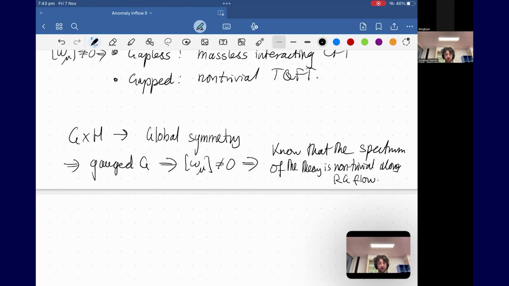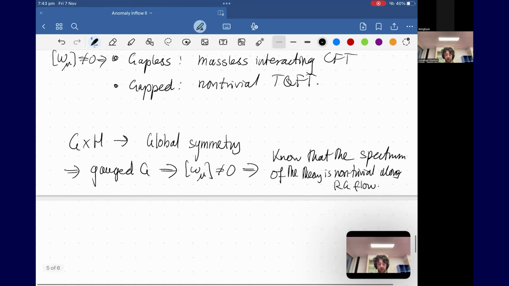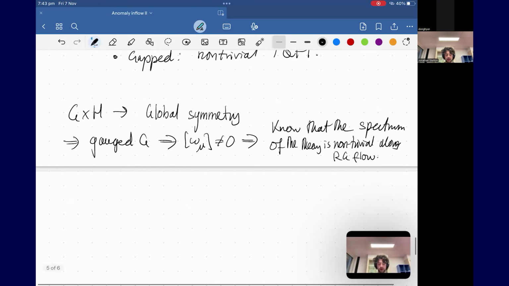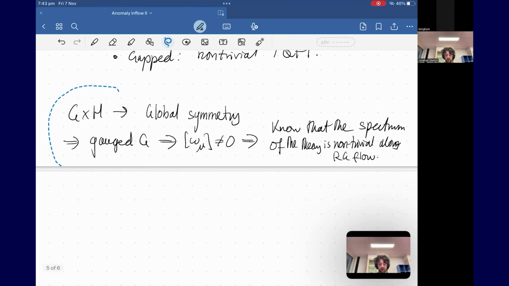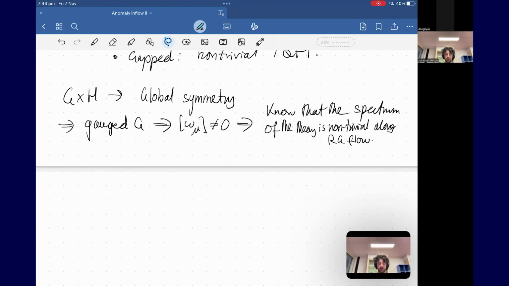So this is one of the key important properties of 't Hooft anomalies. I'm not familiar with whether there are any other important implications of 't Hooft anomalies, but these are the key ones: that these have to match.